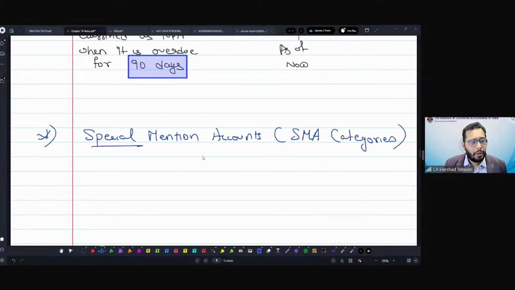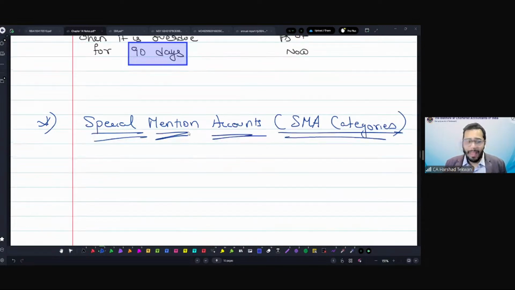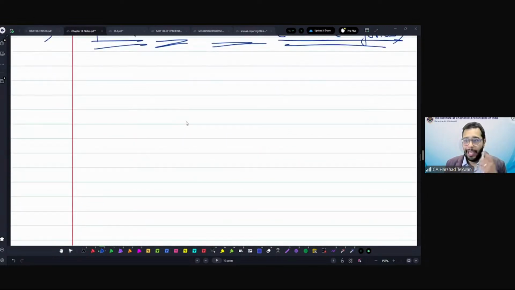Now, what are these SMA categories? SMA categories were divided into three categories, which I will distribute across the base layer and middle layer: SMA 0, SMA 1, and SMA 2.